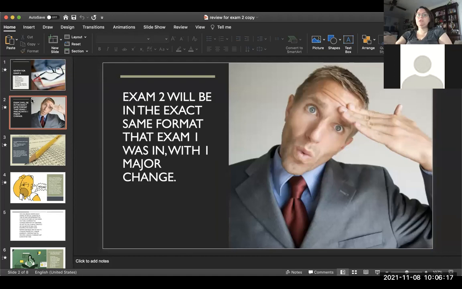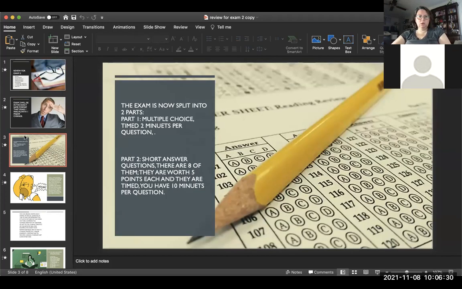All right, so exam 2 is going to be the exact same format that exam 1 was in. It says there's a major change. There isn't. It's the exact same format. So if you remember correctly, exam 1 is split into 2 sections.